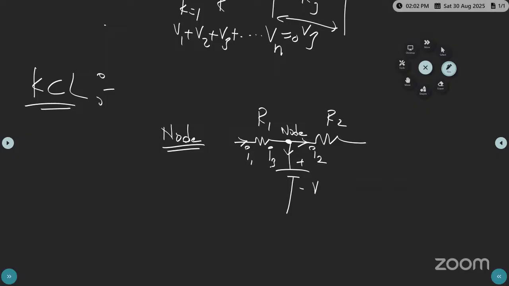Now, by considering one example, we have to prove KCL. At this node, the algebraic summation of currents is equal to 0.